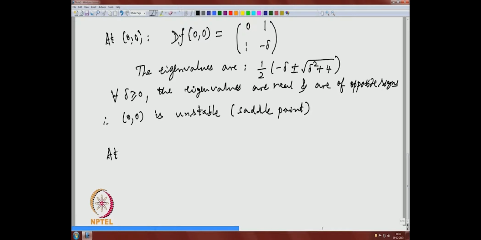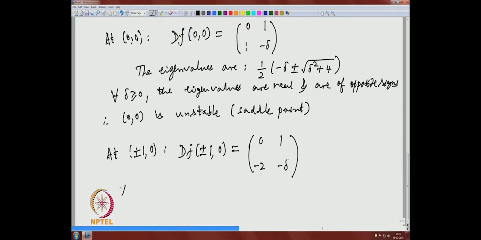And at plus or minus 1, since the Jacobian has an x square term, it is the same for both. So, df at (plus or minus 1, 0) is 0, 1, and then 1 minus 3 x square, which gives us minus 2, and minus delta.